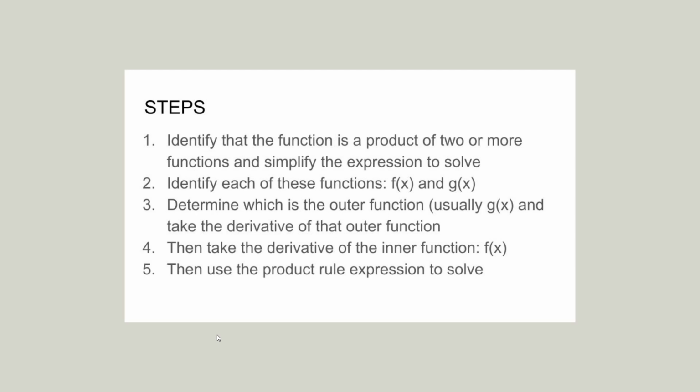If we have the functions f of x and g of x, that would be either 3x or 5x. g of x would be 5x and f of x would be 3x. We want to determine which is the outer function, usually g of x, and take the derivative of that outer function, and then take the derivative of the inner function f of x. Afterwards we use the product rule expression to solve these steps.